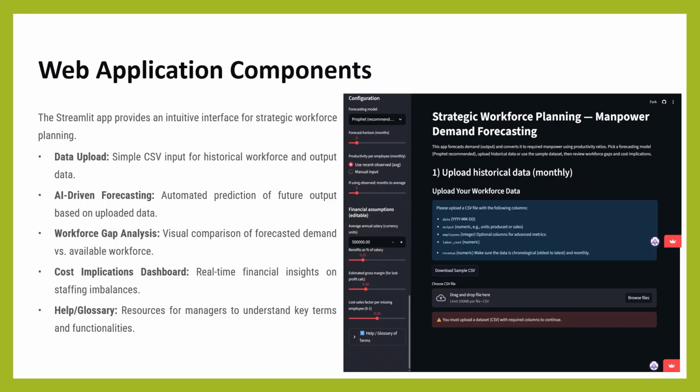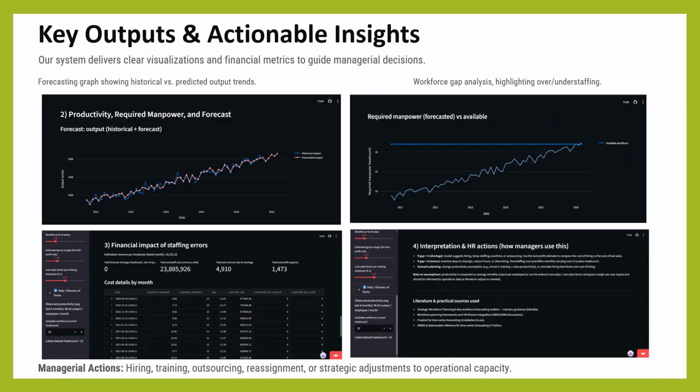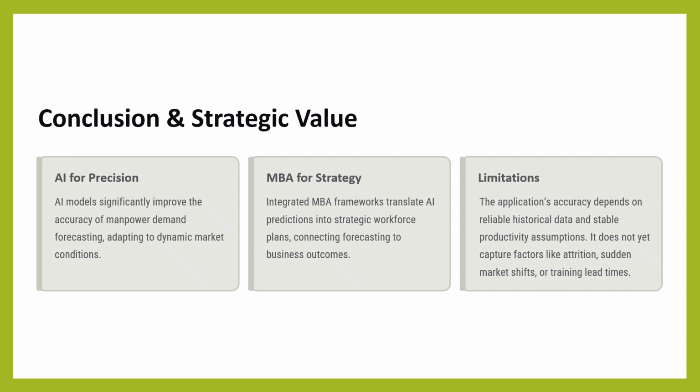It calculates overstaffing costs and lost profit from understaffing. Glossary of terms to help managers understand concepts like productivity ratio, gross margin, and lost sales factor. Key outputs include forecast graphs, workforce gap analysis, and cost metrics which directly guide HR decisions such as hiring, training, or outsourcing.